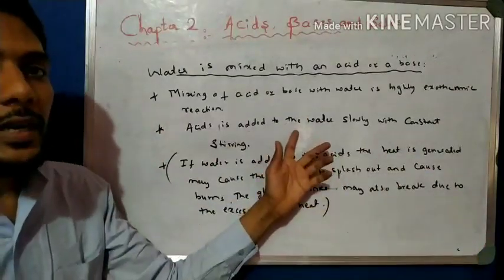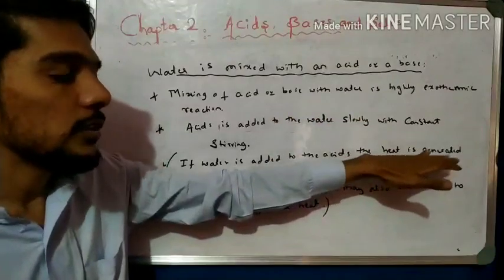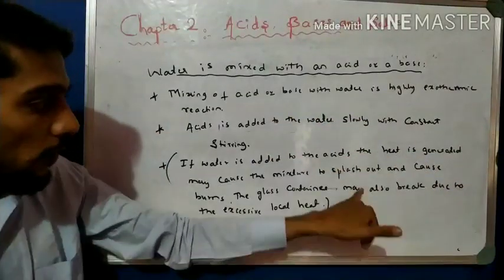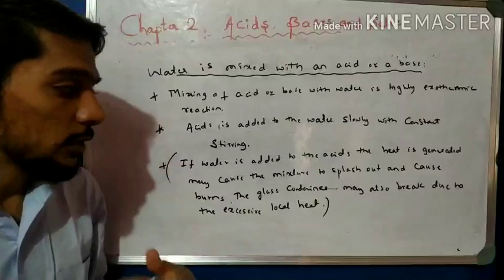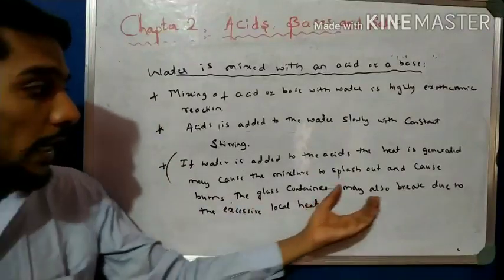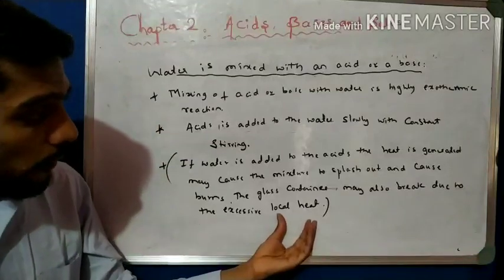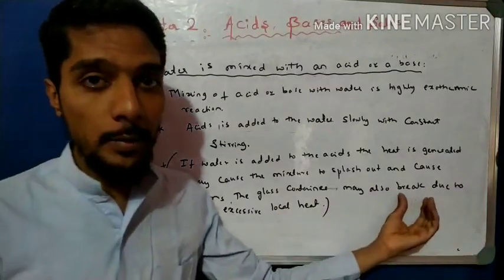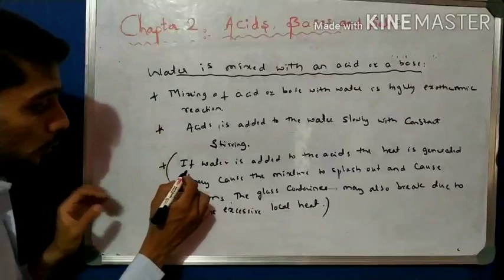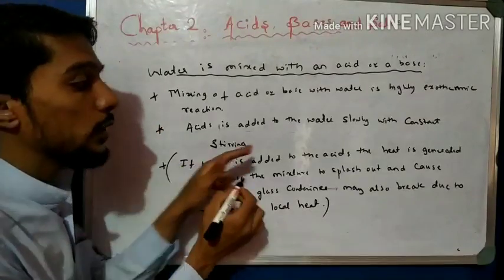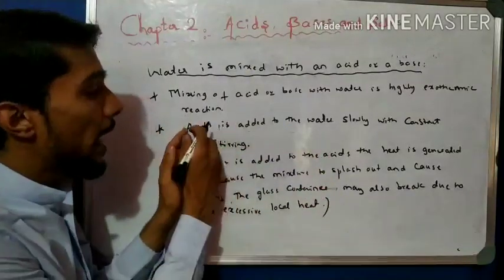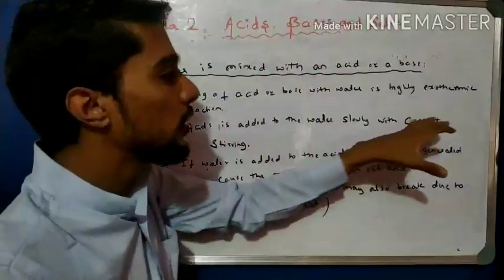Here also heat is liberated, but it is less in comparison. It is dangerous, as the solution can flash out, spread to our clothes, and the container, test tube or beaker may break due to excessive heat. So this process is not followed. You must add acid to the water slowly with constant stirring.